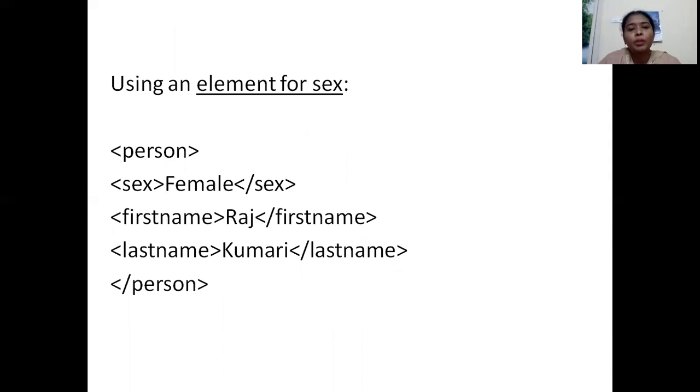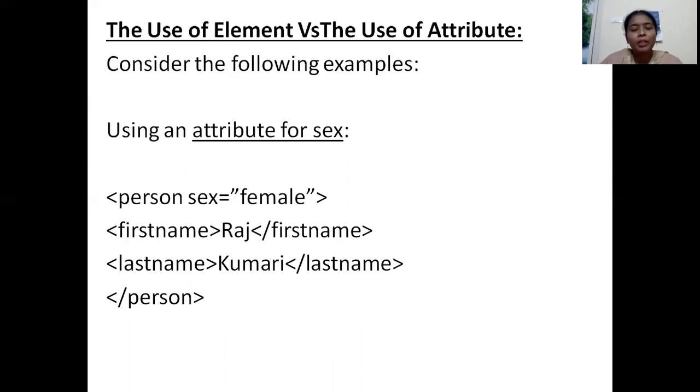So let us see how the elements are used. This also gives the same meaning to the reader, similar to the previous program. I get the information that the sex is female, the first name of the lady is Raj and the last name is Kumari.